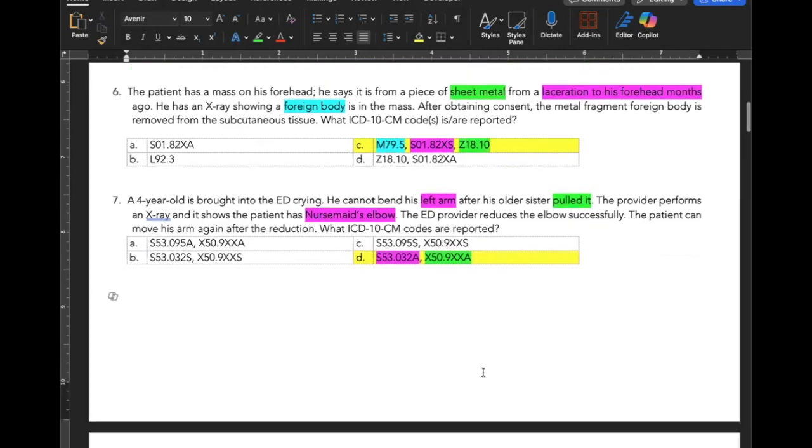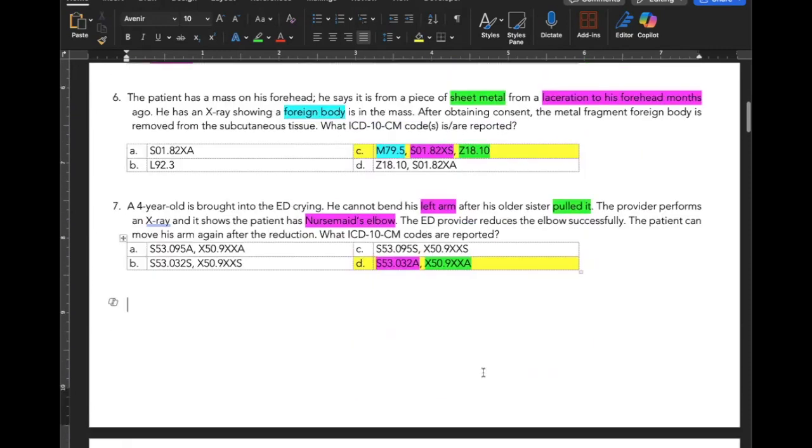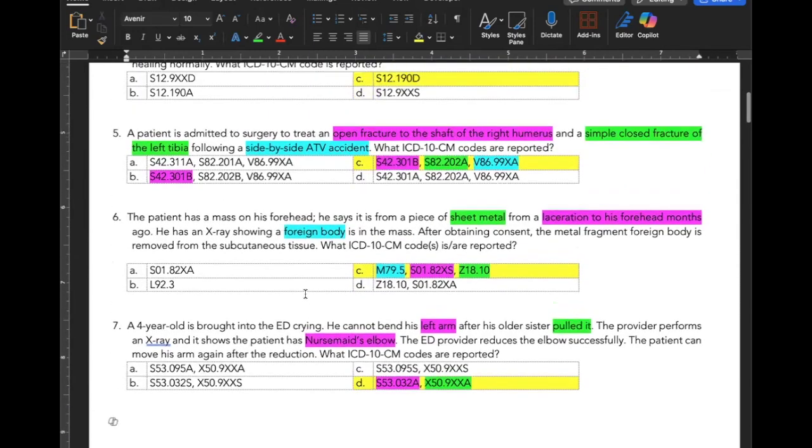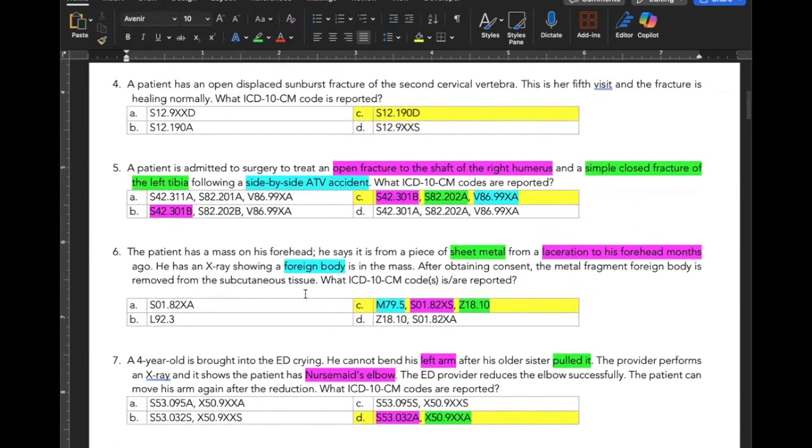Okay. So that's really all we've got time to go over today. There are 3 more questions that, if you guys want to try them, are in the Google Drive. You've got a burn, you've got a delivery, and then you've got a medication overdose. I hope I wasn't the reason we didn't get to do those. No, tonight was just the night.